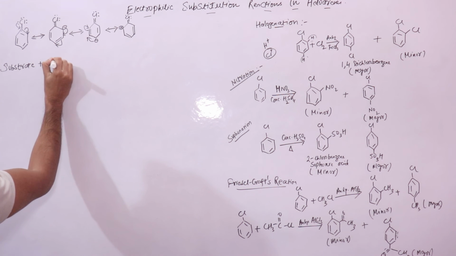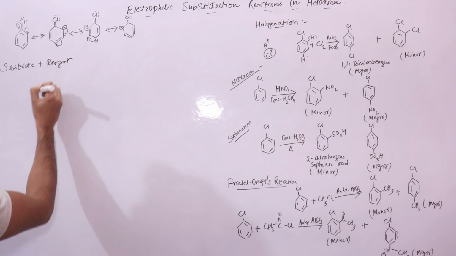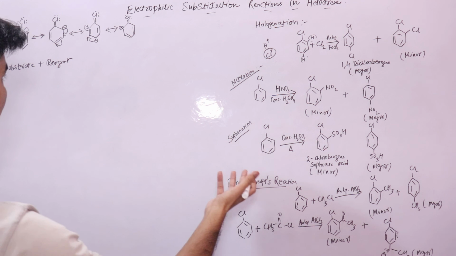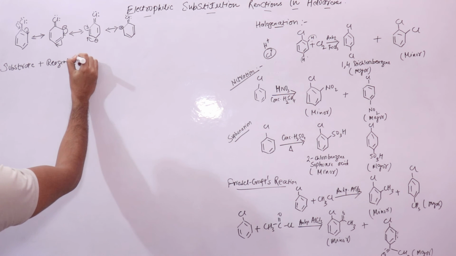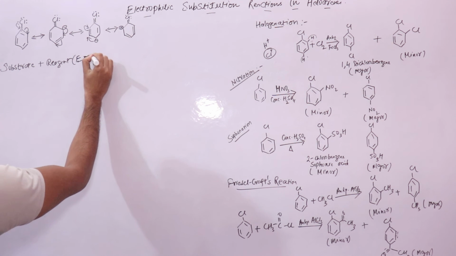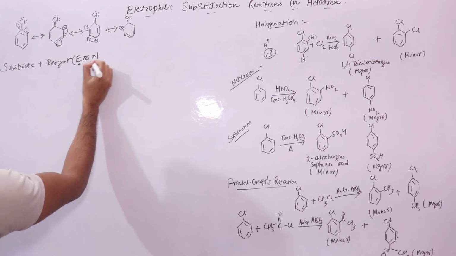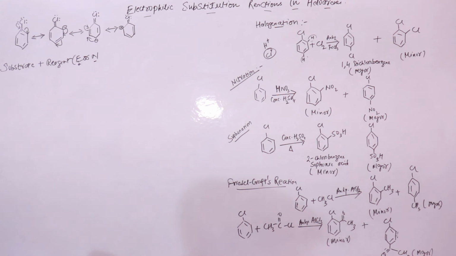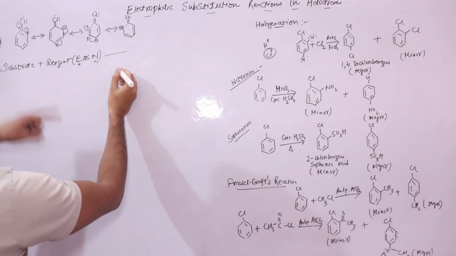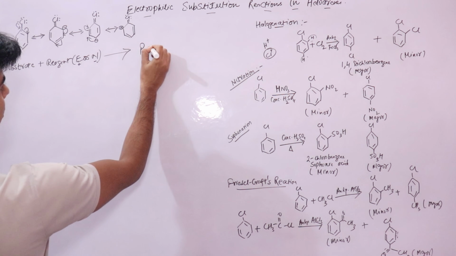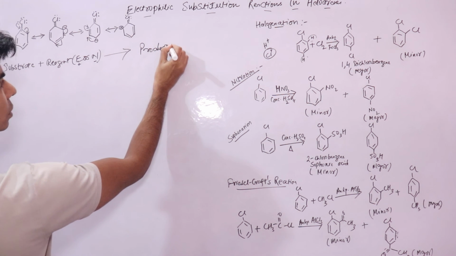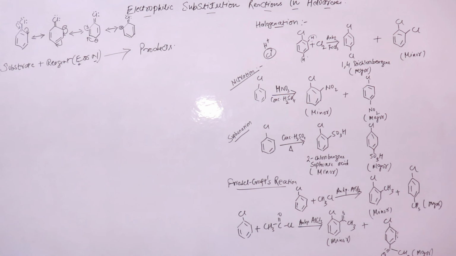Substrate reacts with a reagent. Reagent can be an electrophile or a nucleophile. Electrophile is positive, nucleophile is negative. Positive, negative reagents, both these react to give you products. You should know this.